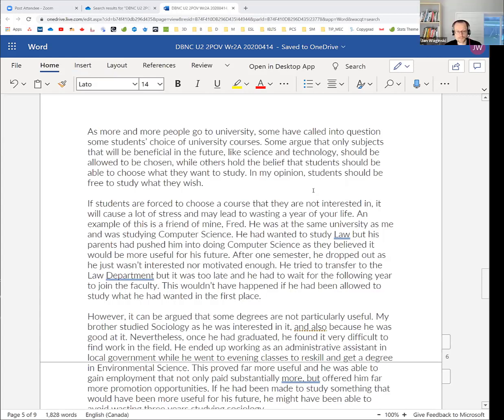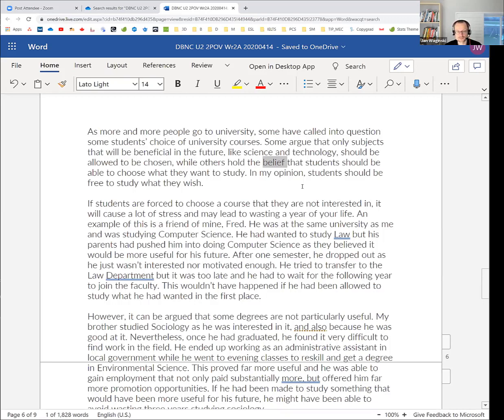Okay. Any questions about the introduction? Okay, belief and believe. Why is it not believe, or why is it belief? Well, what part of speech is this word here? While others hold the belief. Is that a noun, a verb, an adjective, an adverb, a preposition, an article?